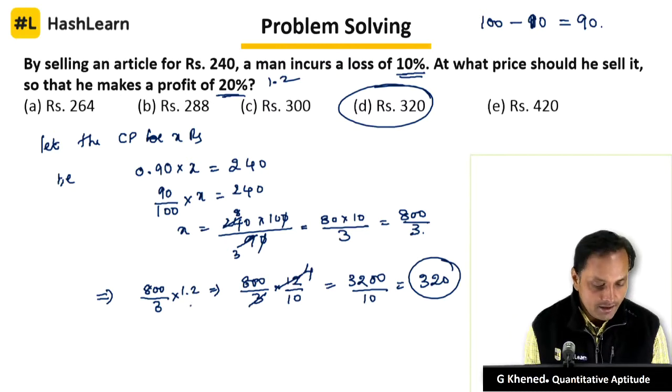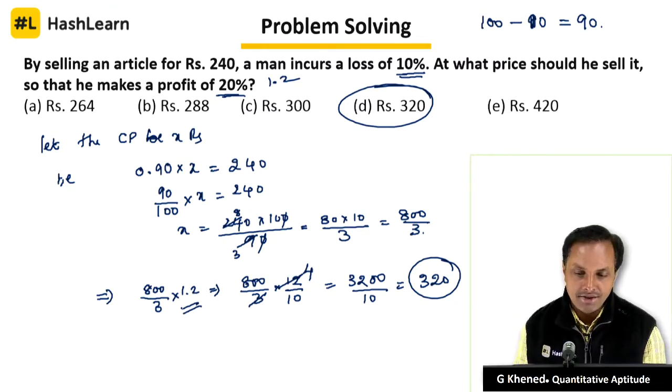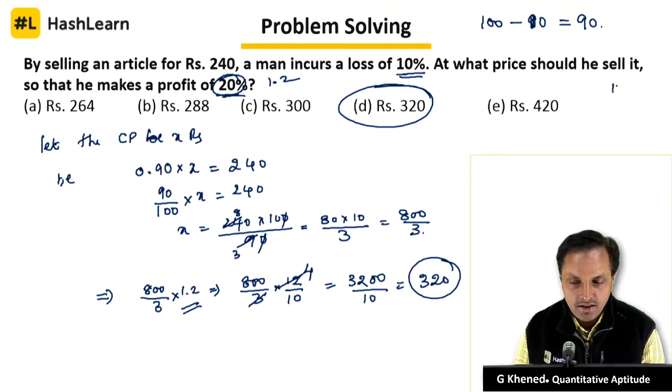Why am I multiplying it with 1.2? The reason behind this is he is making a 20% profit. See, 20% extra on 100 is 120, or you can write it as 1.2.